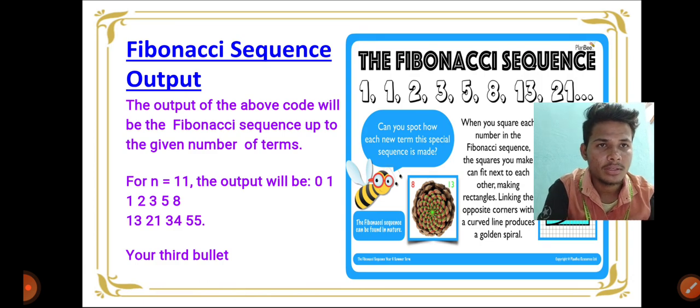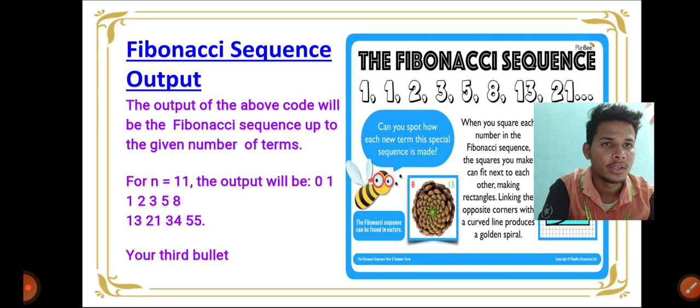Fibonacci sequence output: the output of the above code will be the Fibonacci sequence up to the given number of terms. For n equal to 11, the output will be 0, 1, 1, 2, 3, 5, 8, 13, 21, 34, 55.